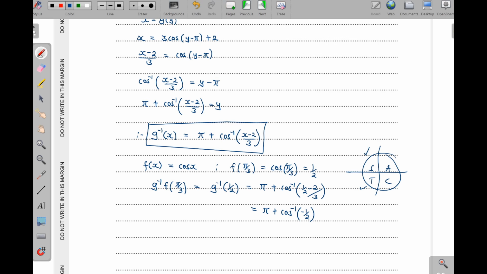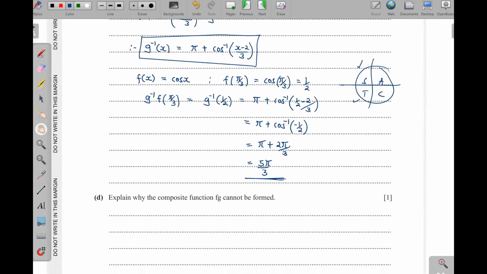I'm going to take this one here, which will actually give us 120. So it will be pi plus 2 pi over 3. So this times that, what do you get? 3 plus 2, that's a 5. So we get 5 pi over 3, and this will be our answer.